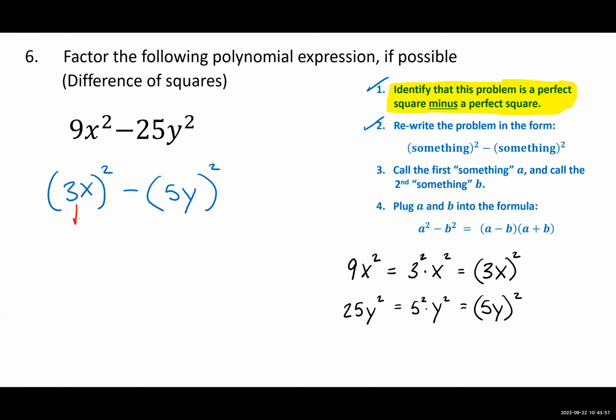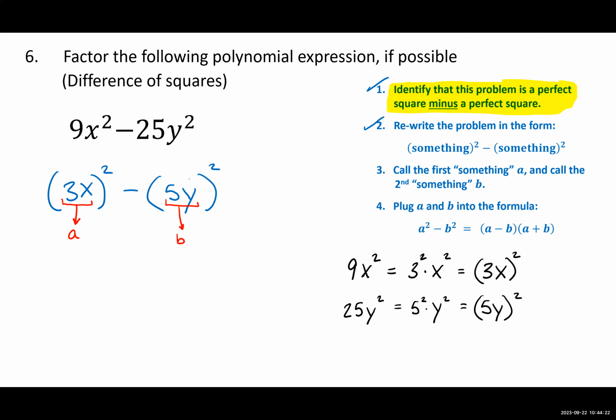And the expression inside the first set of parentheses, we'll call that a. The 5y inside the second set of parentheses, we'll call that b. So something squared minus something squared. The first something is the a, the second something is the b, without the squares.